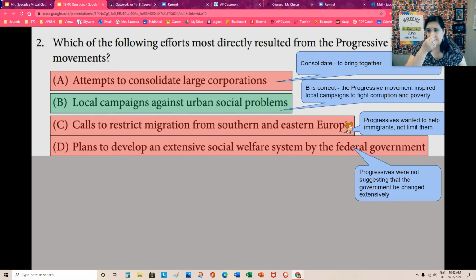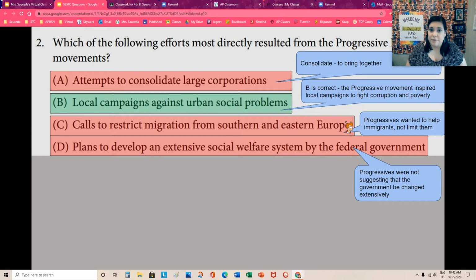On the second example, which of the following efforts most directly resulted from the Progressive Era movements? So again, we haven't gone over the Progressive Era movements, but you can use process of elimination. The government never created a social welfare system until after the Great Depression, so you could easily eliminate option D. Calls to restrict immigration was an issue, but it was not a part of the Progressive Era.